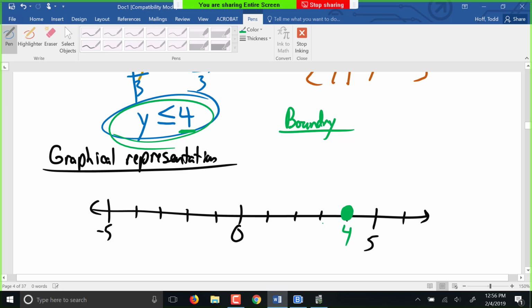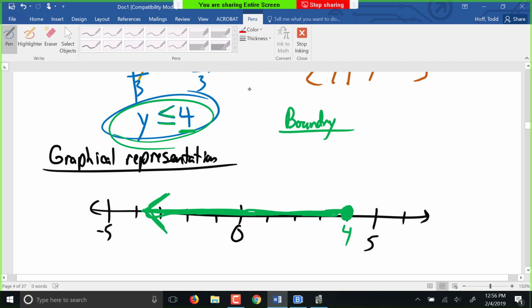So on one side of that boundary are the solutions and the other side are not. This is less than or equal to, which means the less than side goes this way. That is where the solutions are. What if we're not sure?